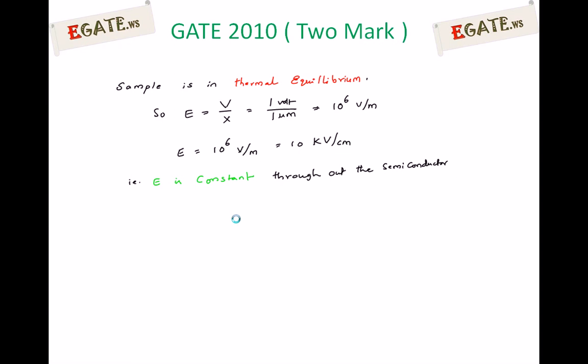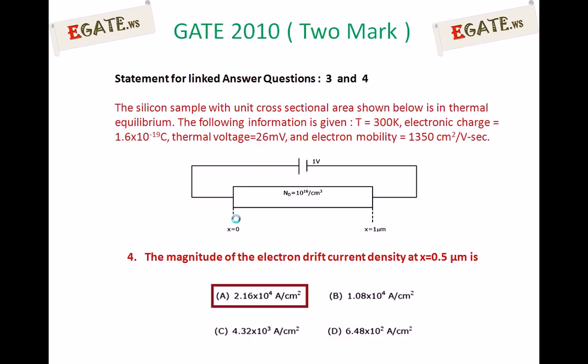Since the sample is in thermal equilibrium, we can calculate the electric field, which is constant throughout the semiconductor. Electric field is nothing but V by x. That V and x can be taken at any point. If you are taking 1 volt, that is at x is equal to 1 micrometer. Look at this one. 1 volt is applied, going from this point to this point, so the 1 volt is dropping across this semiconductor.